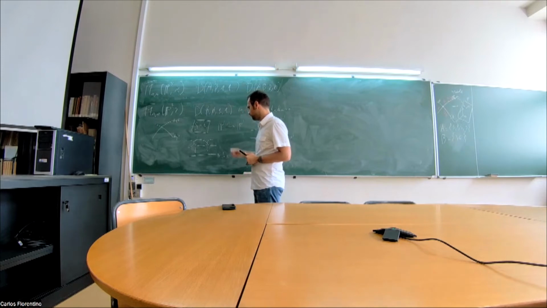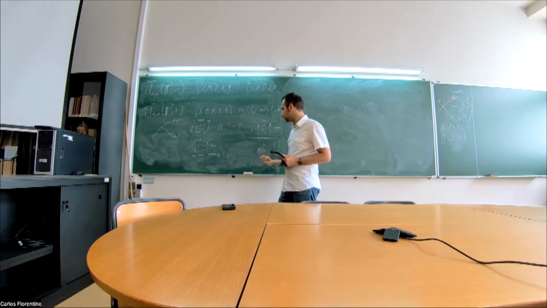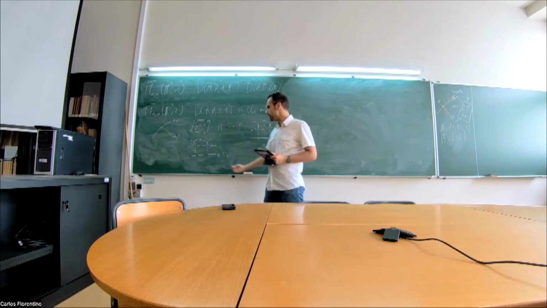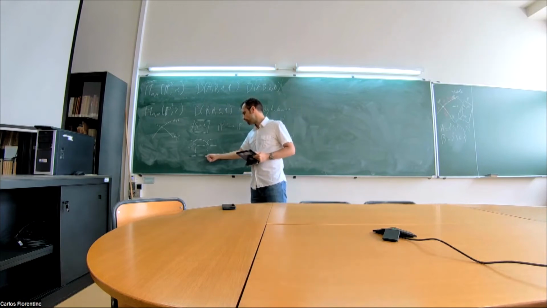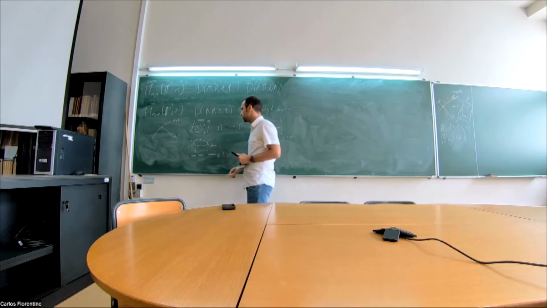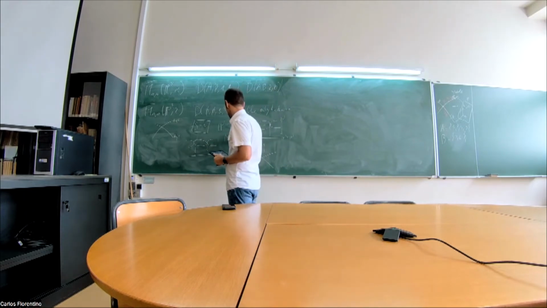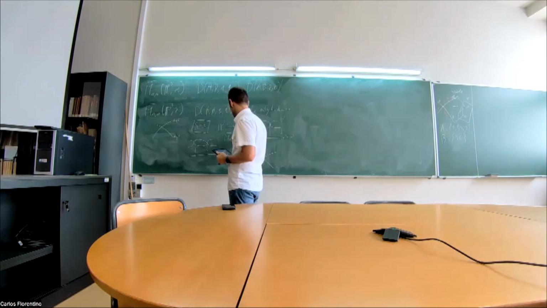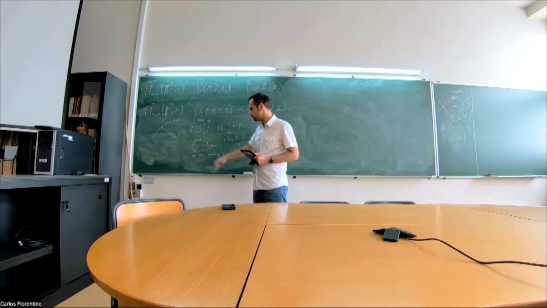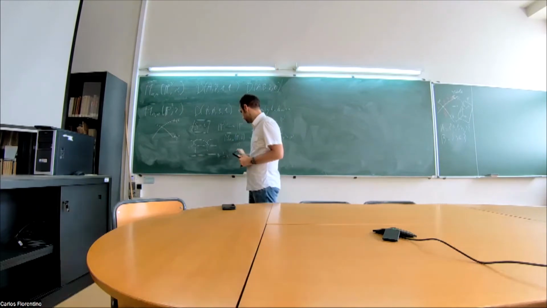So I have a one-to-one correspondence between pairs of points here and stable maps. So basically M0,0 of P1, 2 can be put in correspondence with the symmetric square of P1.